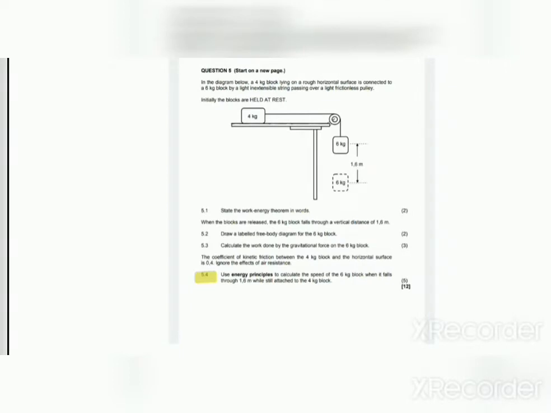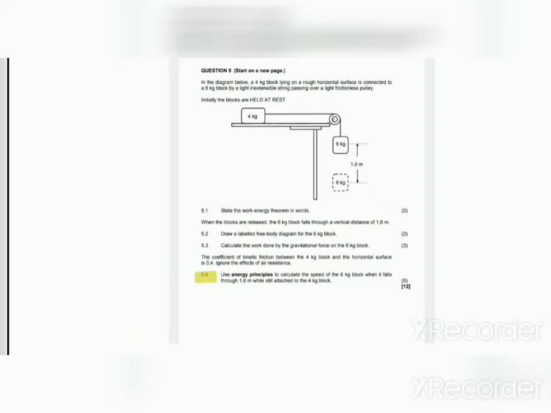Remember, this is a pulley two-body system. The 6 kilogram block is pulling downward, which means the 4 kilogram block is going to move to the right, and we've got the coefficient of friction between the 4 kilogram block and the table.